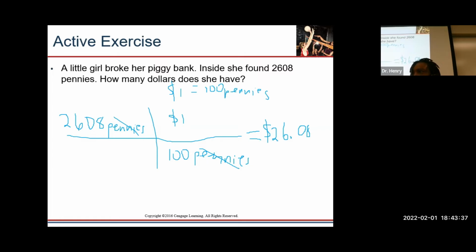Cash money. Okay. We don't have to do that since we're in the US.